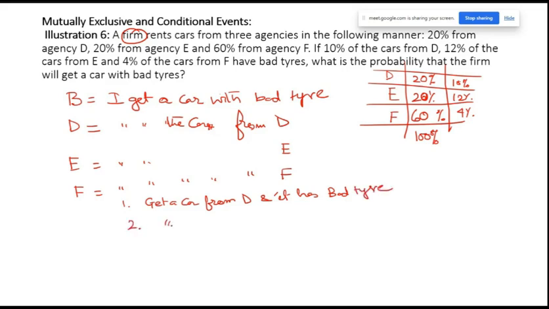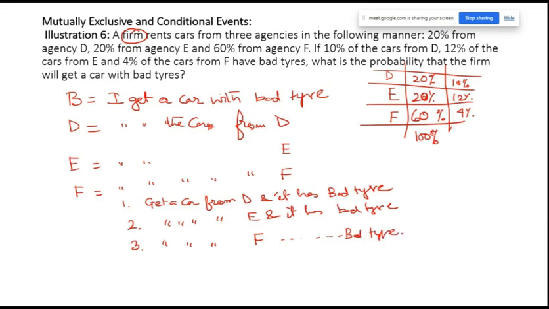Number two, I get a car from E and it has a bad tire. Number three, I get a car from F and it has a bad tire.